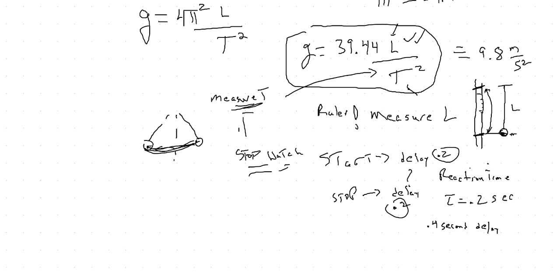Let's just say T equals 1.2 seconds. Okay. Well, if there's a 0.4 second delay or error, well, 0.4 divided by 1.2 is about a 33% error.